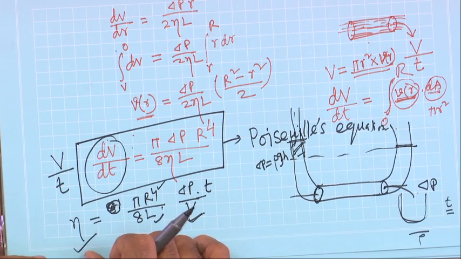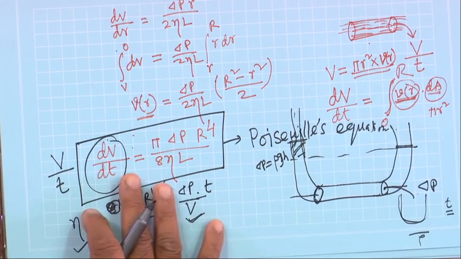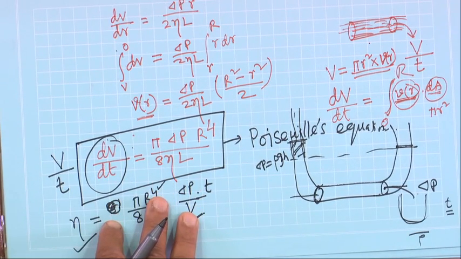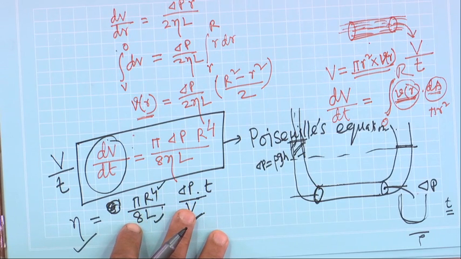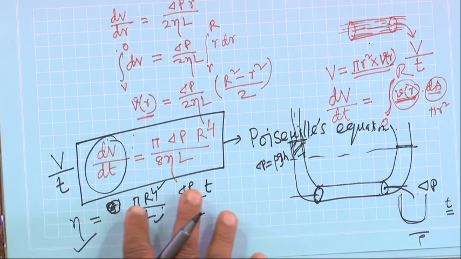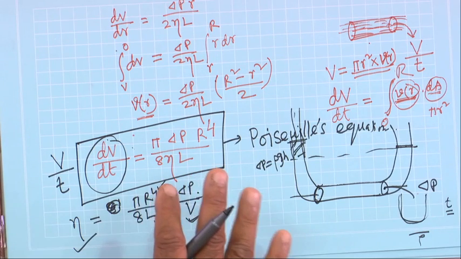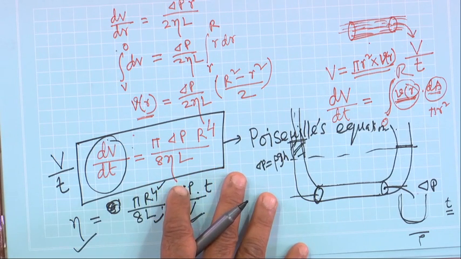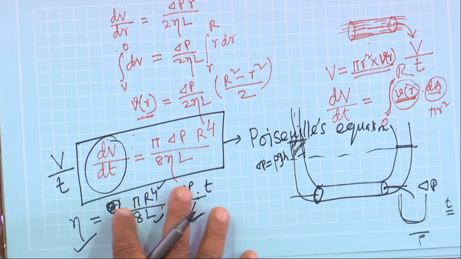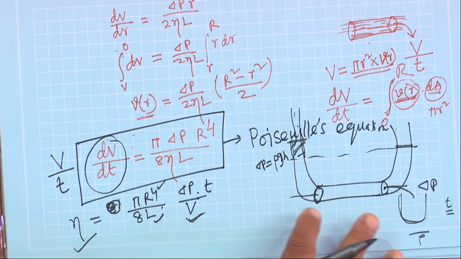For any experiment, it is very important to understand the working formula, because the working formula has been derived based on a particular geometry, and you are going to do the experiment using this working formula.